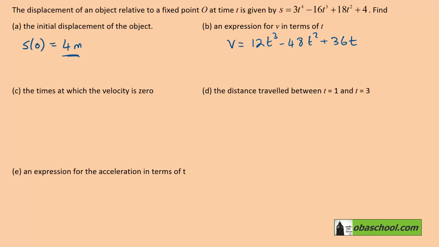Find the times at which the velocity is 0. So we're going to put 12t^3 - 48t^2 + 36t equal to 0.